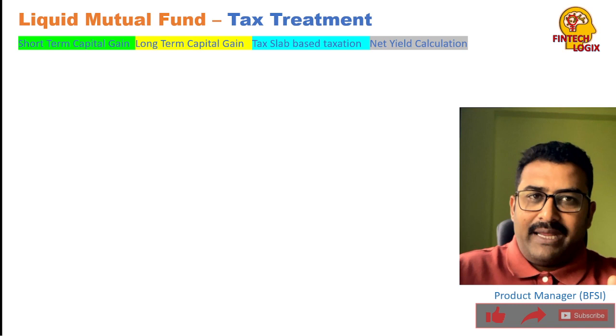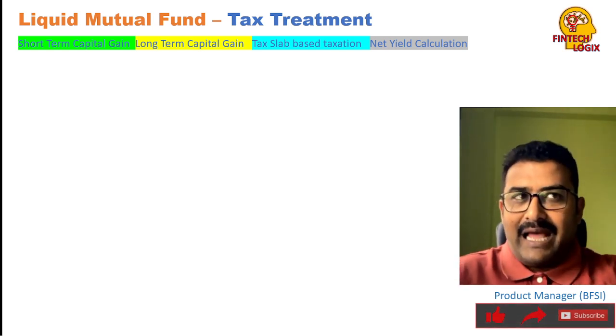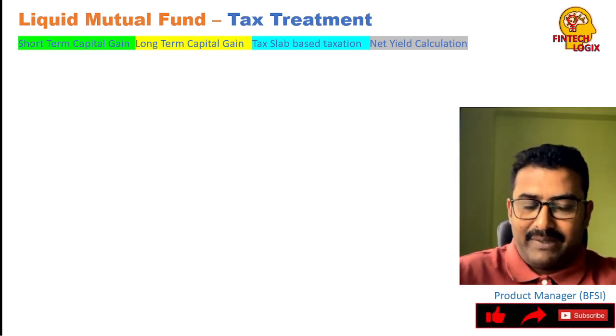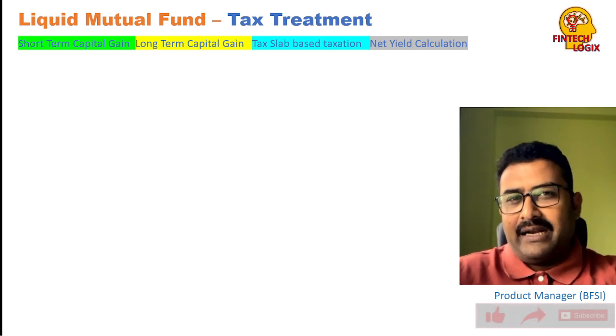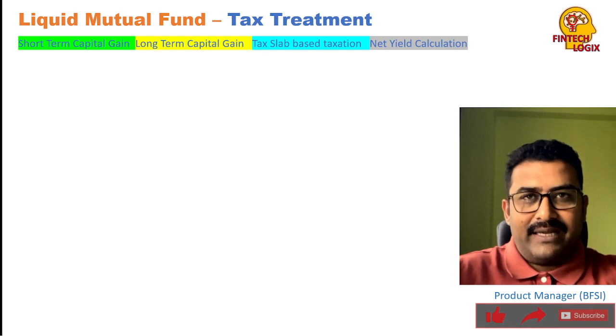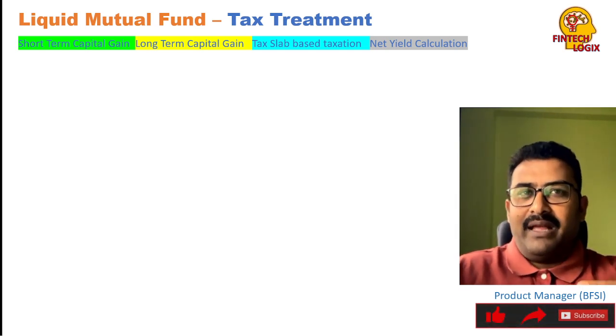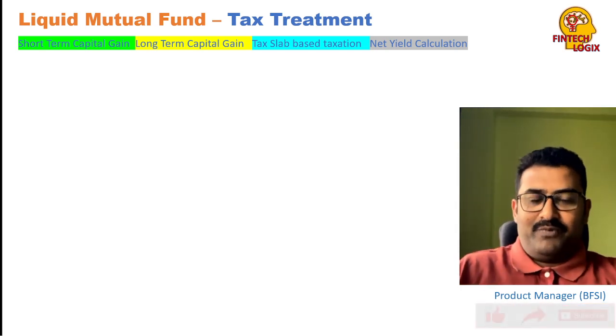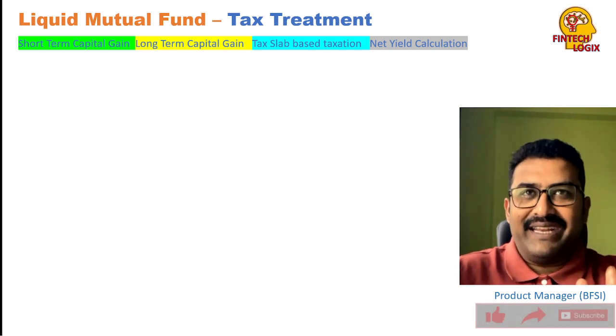In some cases, taxation is also based on your tax slab, and at the end of the day, because of this tax, our gains reduce and in turn our yields reduce. That is why we are talking about this in great detail.